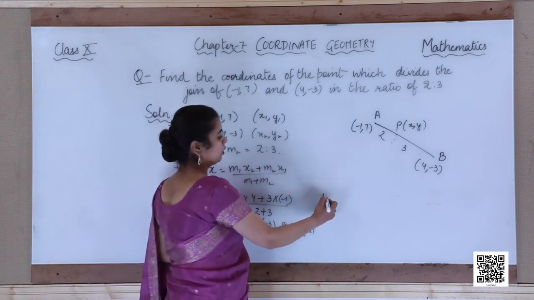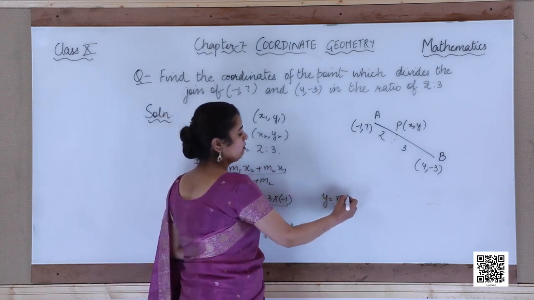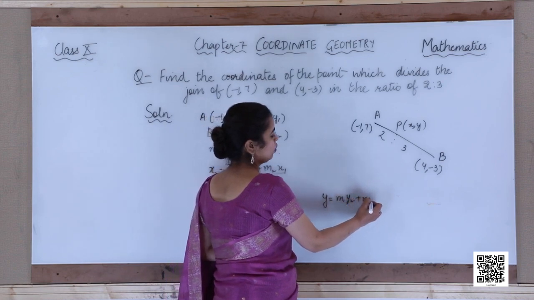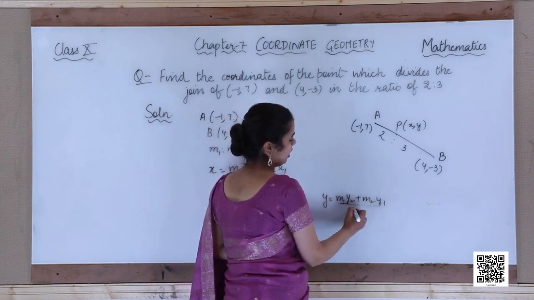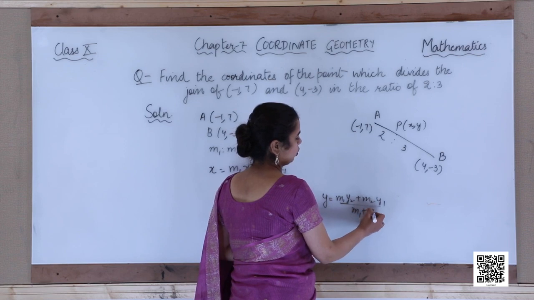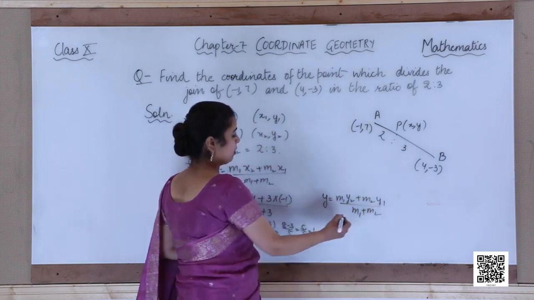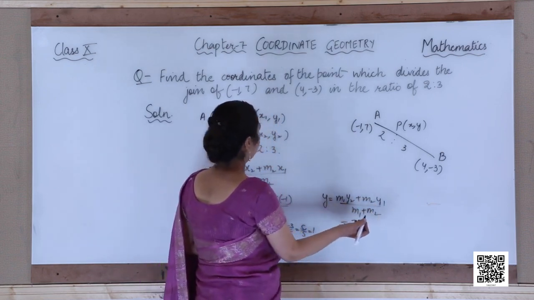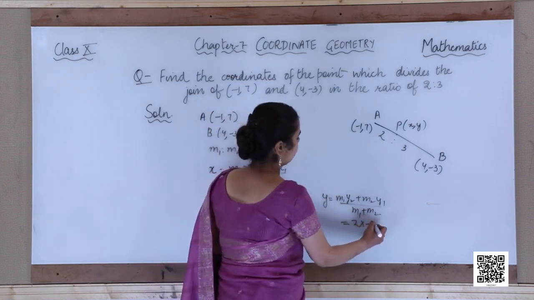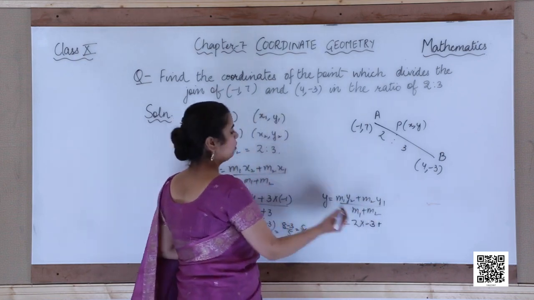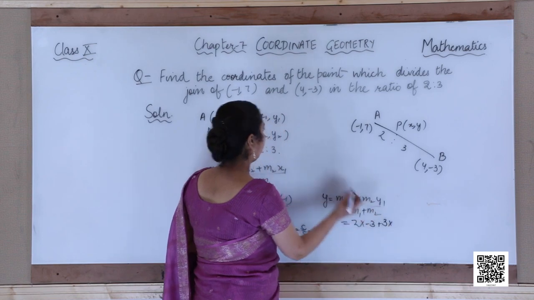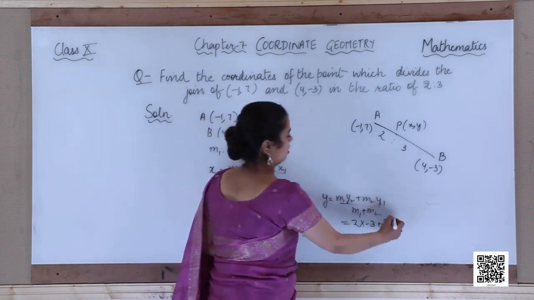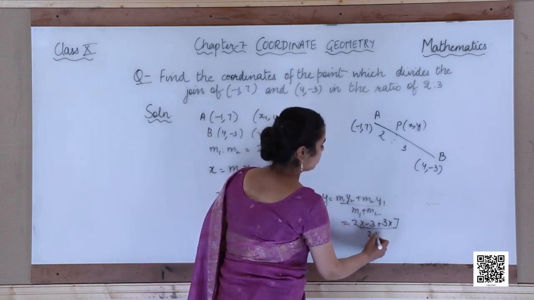Let us find the other coordinate again. m1 y2 plus m2 y1 upon m1 plus m2. So we get m1 is 2, y2 we get -3 plus m2 is 3, y1 we have 7 upon 2 plus 3.